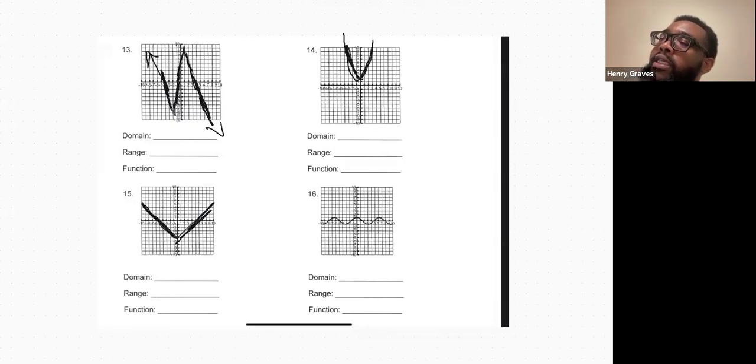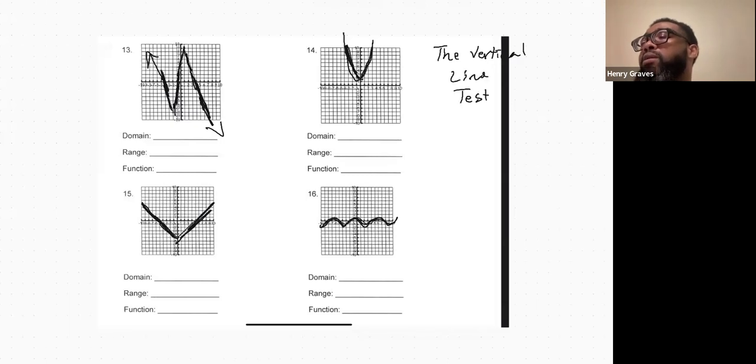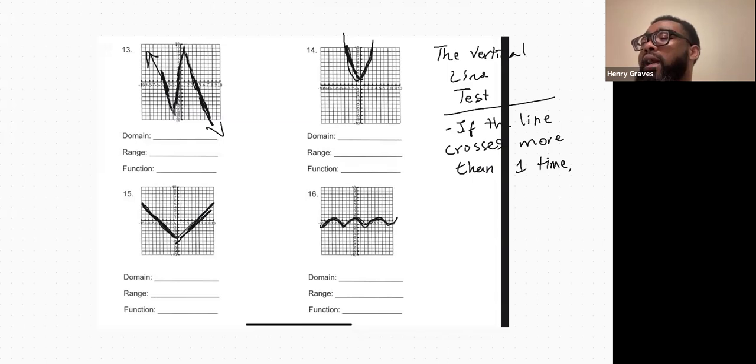So here's what the vertical line test means. If the line crosses more than one time, the graph is not a function.